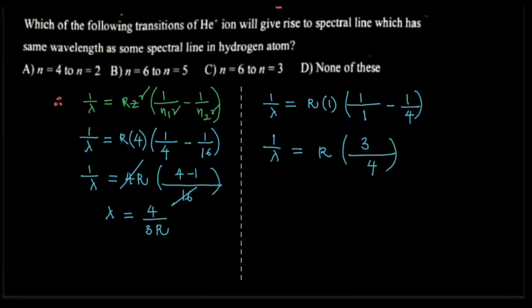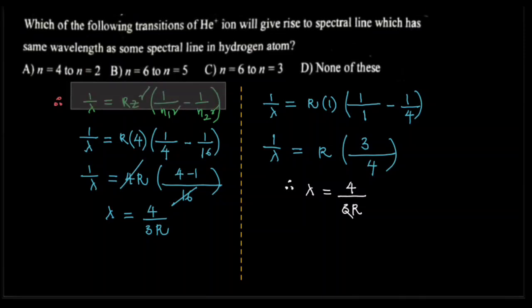Therefore lambda is again 4 by 3R. So this is for the hydrogen atom and this is for the helium atom. So n is equal to 4 to n is equal to 2 in helium becomes 2 to 1 in hydrogen. Clear? So please keep this formula in your mind for your next exam. It has already come many times.